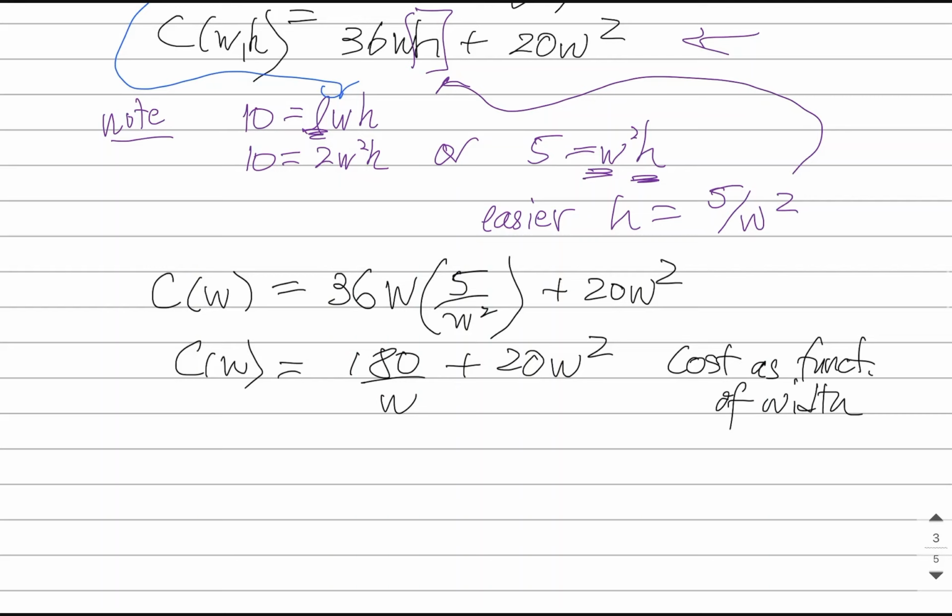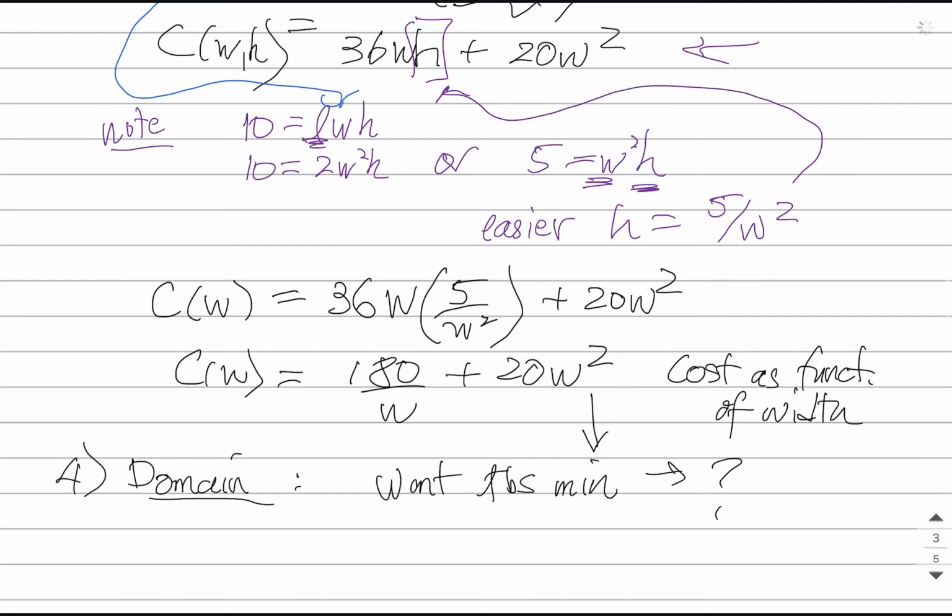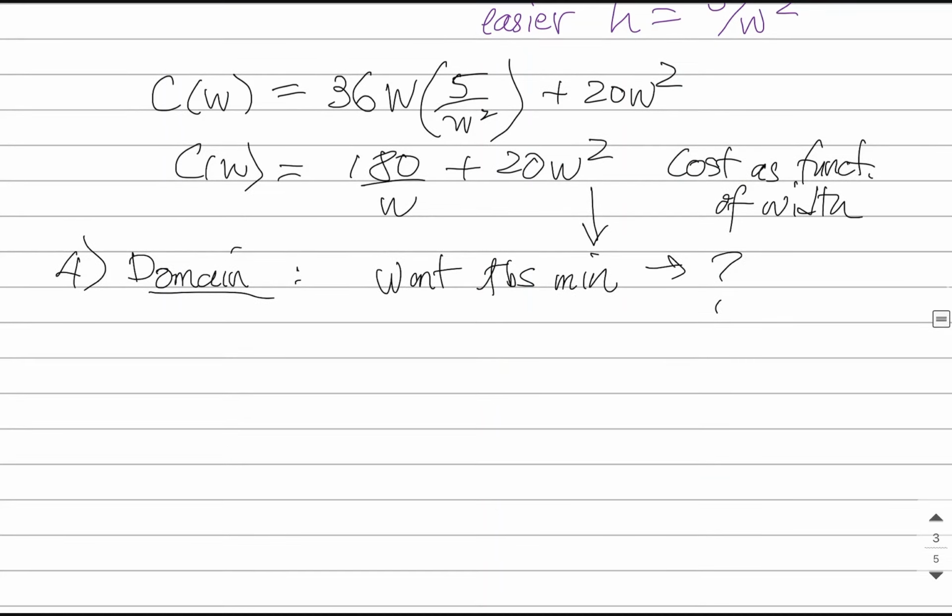So, now I've finally got my function. I've got the cost function ready, and I have to start attempting to differentiate it. I want to find the absolute minimum. How do I do it? You need to study the domain of this function so that you can have a plan of attack.